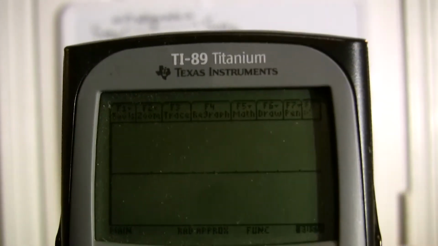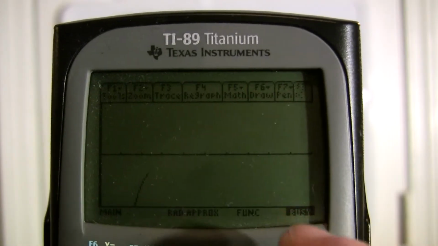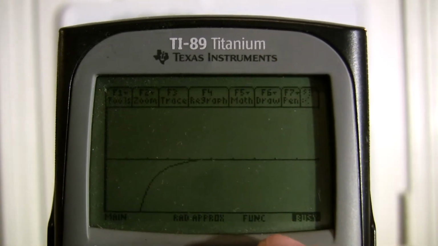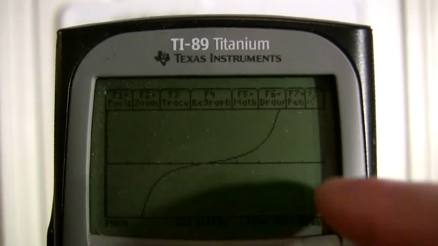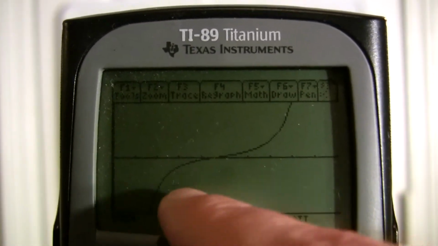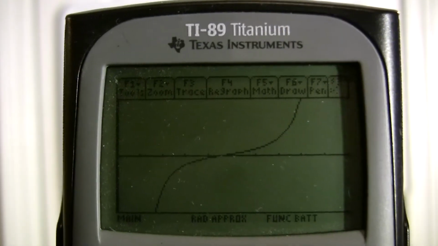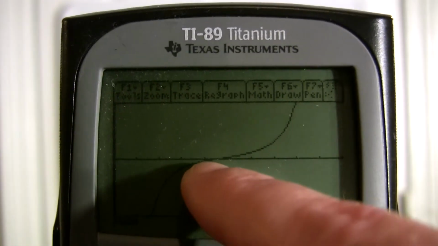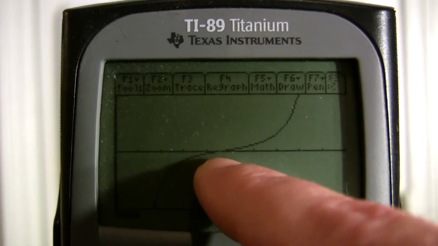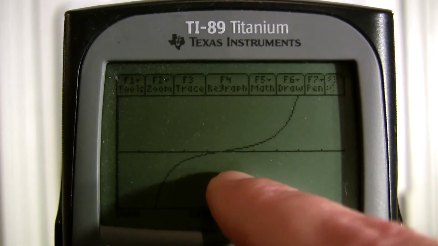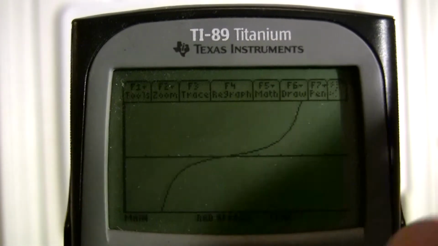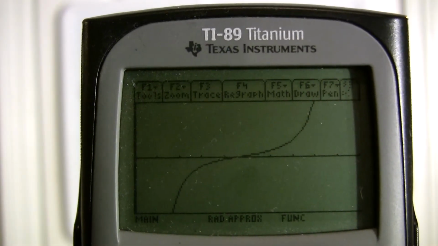And graph it. Now I've already set up the domain of the graph from 0 to 10, and y values that are conducive to showing the proper graph. So here we can clearly see that somewhere between 0 and 10, the equation does indeed cross the x-axis in the domain that we are looking for.